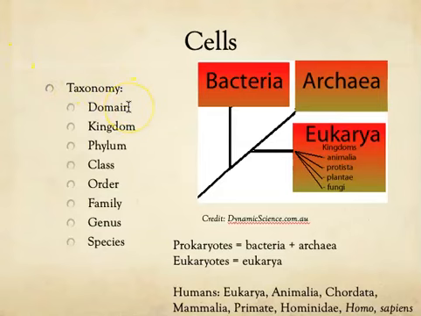So starting with the domain, we can then describe organisms as belonging to a kingdom, and within the kingdom, a phylum, within phylum, a class, and then an order, a family, and finally a genus and a species.